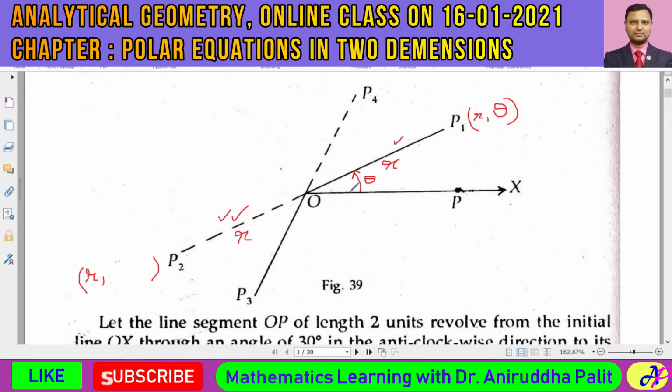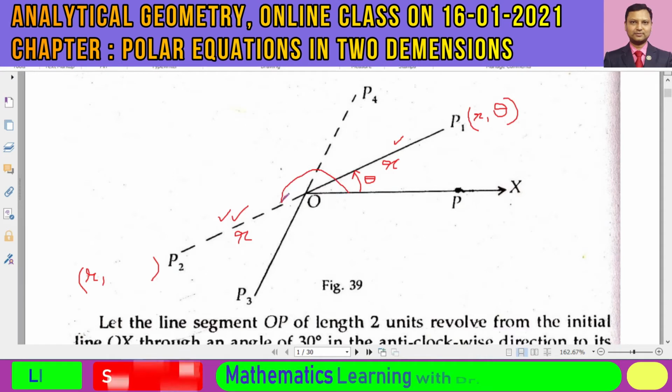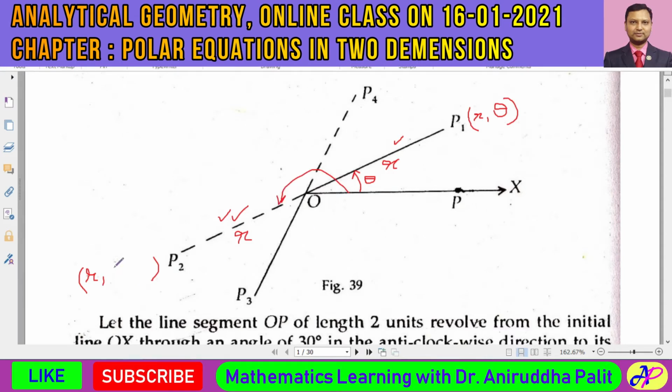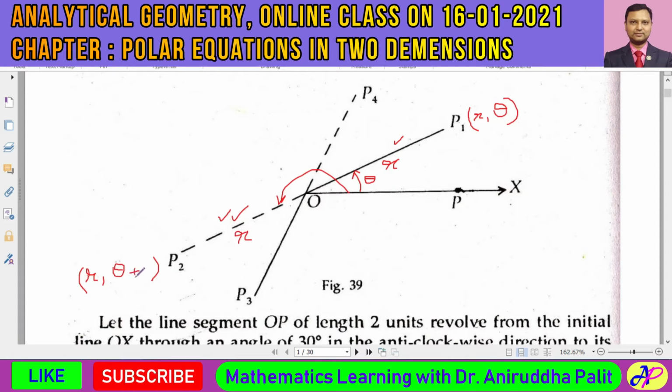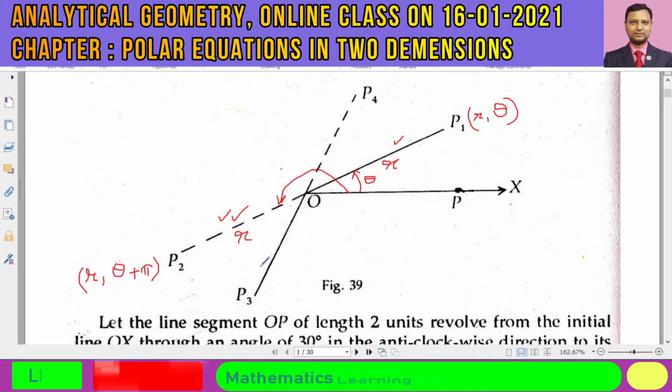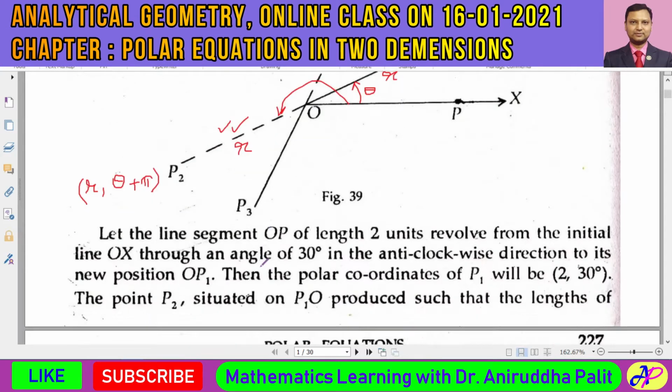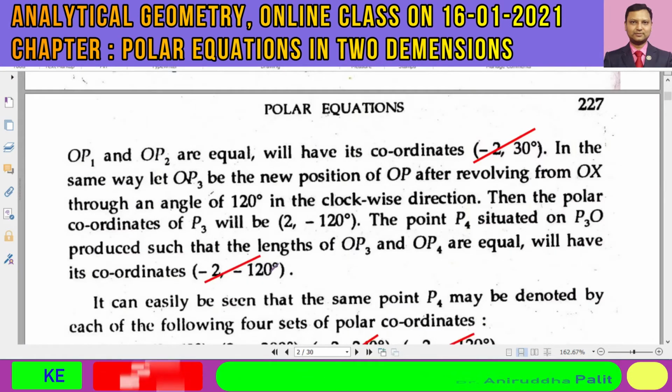If this angle is theta, then this angle would be equal to pi plus theta. Therefore, the vectorial angle should be theta plus pi radian. Got it? That should be the correct polar coordinate representation of the point P.